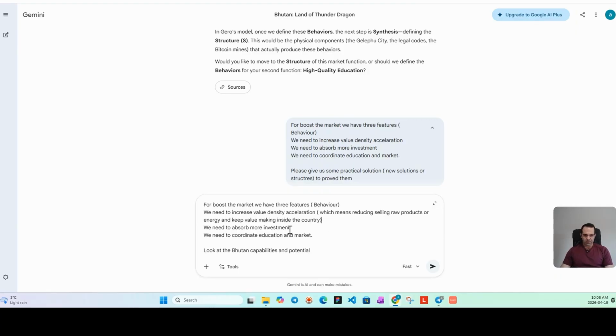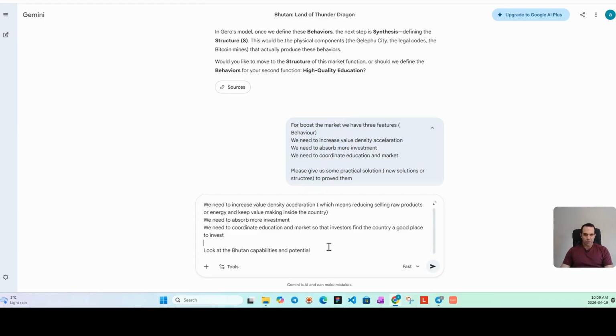We need to absorb more investment, this is clear, and we need to coordinate education and market so that investors find the country a good place to invest, something like this.